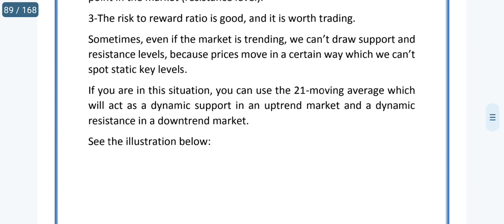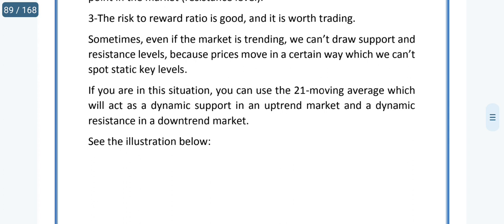Sometimes, even if the market is trending, we can't draw the support and resistance level because the prices move in a certain way which we can't spot such key levels, and such levels are what we call the support and the resistance level.